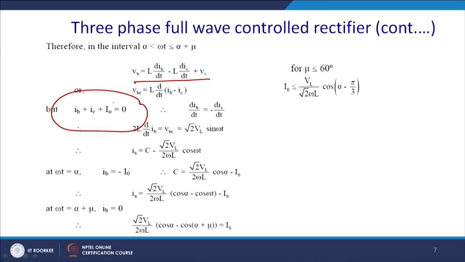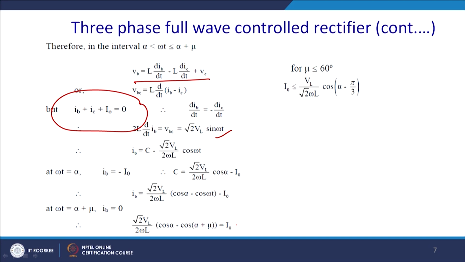So, for this reason you can substitute dIB/dt equal to minus this, and you have assumed also a constant load current, thus the differentiation leads to 0. And so, from this equation we get 2L diB/dt equal to voltage BC equal to root 2 VL. Similarly, you can substitute these values and ultimately you get, for alpha plus mu, IB equal to 0, where root 2 VL by 2 omega L times cos alpha minus cos alpha plus mu equal to I0.